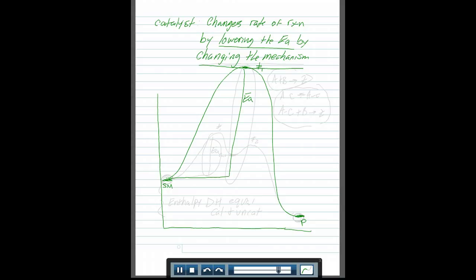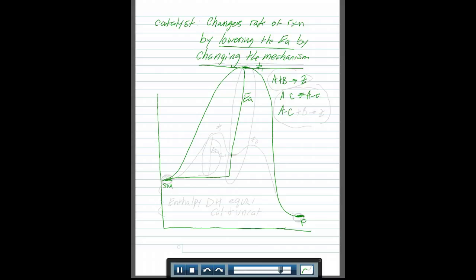When you throw in a catalyst, the catalyst is now involved in the reaction. So it's no longer A plus B reacting. Let's say this big reaction is A plus B gives me Z. When you add a catalyst, A reacts with your catalyst to form some sort of AC, a catalyst compound.